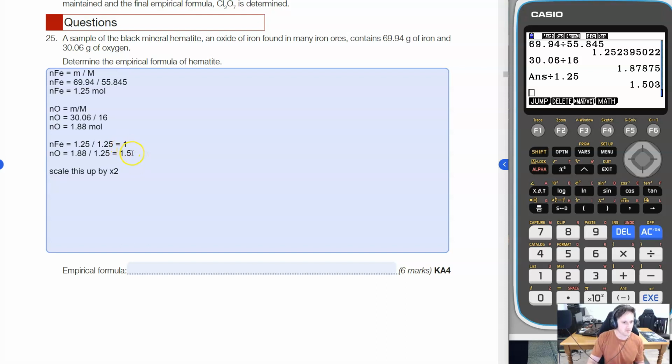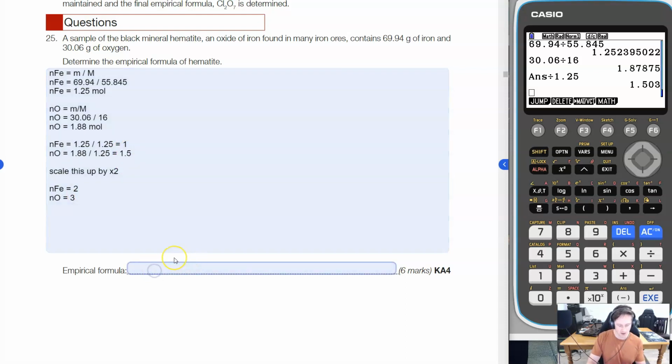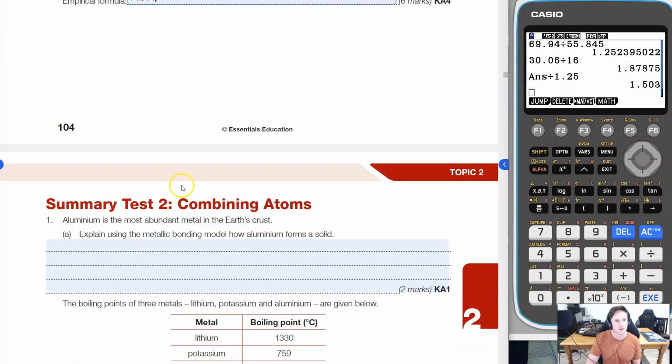We want to get the lowest whole number. So the number of moles of Fe is now 2, and the number of moles of O is now 3. Hopefully that makes sense, because you can't have half in a formula. You have to have the lowest whole number, scaled appropriately. So if I multiply both by 2, it scales up to 2 and 3. So Fe2O3 is the empirical formula.